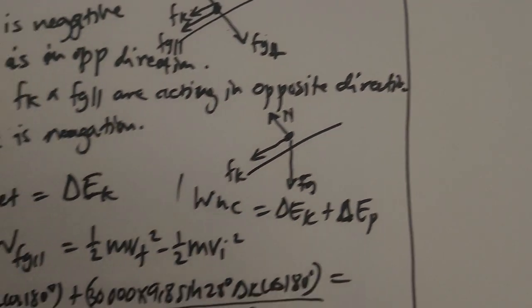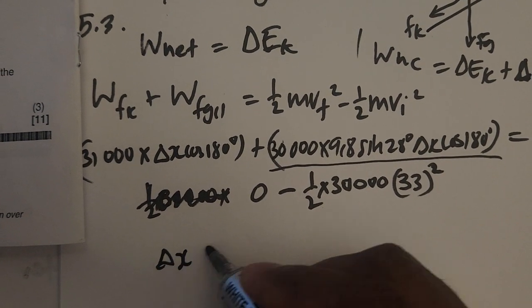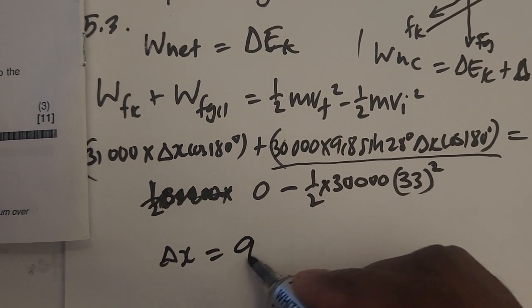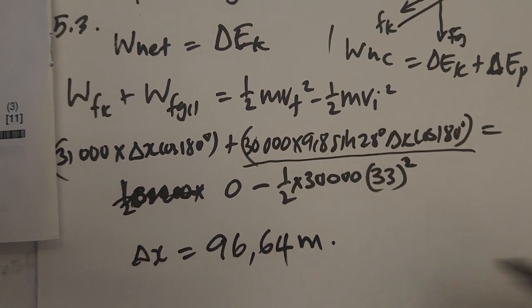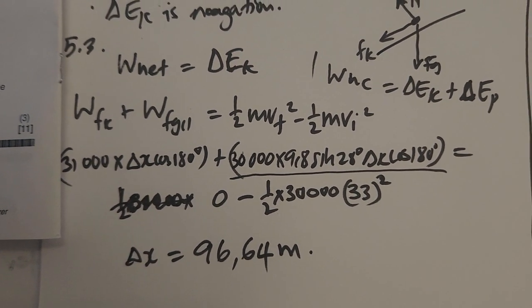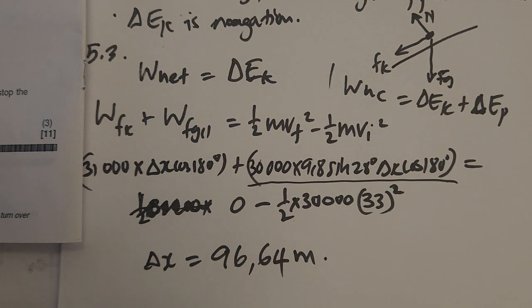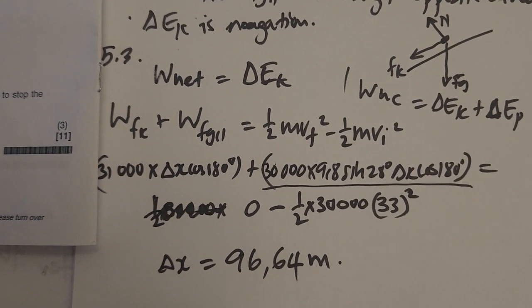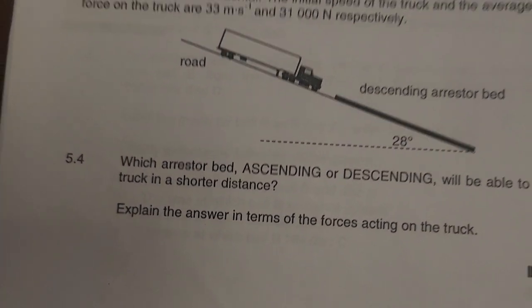Otherwise, if you use this substitution, your final answer delta x should be somewhere around 96.64 meters. That is the length of the arrestor bed, the distance on the arrestor bed needed to bring the truck to a stoppage. That was 5.3.